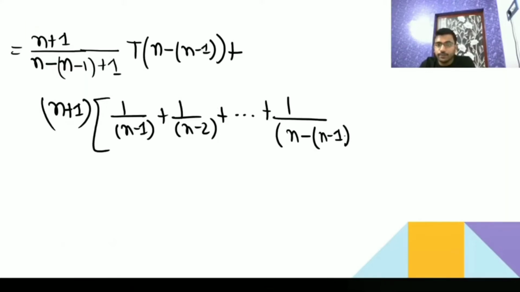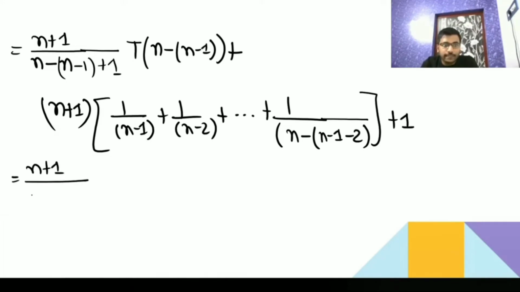Minus 1 minus 2. Then plus 1, so it will be n plus 1. Then n minus n, then plus 1 plus 1. Then you are going to get n minus n plus 1.